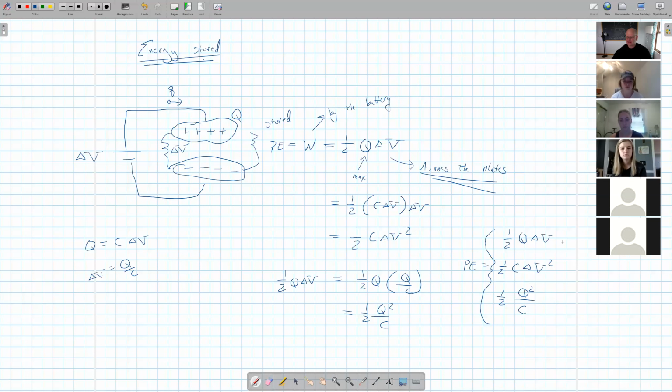That's basically what these two are saying: that the energy is stored in the charge. This one is saying that the energy is actually stored in the potential across the plates.